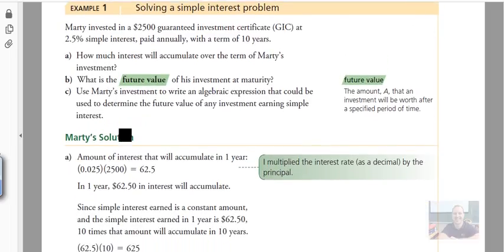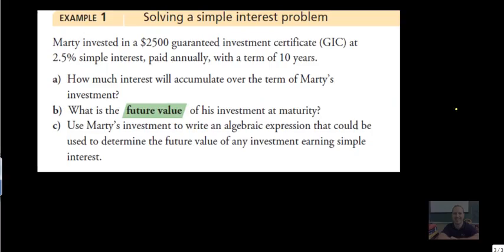So, what is our A value? It's the future value, so that's what we're going to find. What is the P? The principal. What is it in this question? 2,500 bucks right there. That is the principal. So the A is the future value, and that's what our formula is going to give us. The P is $2,500.